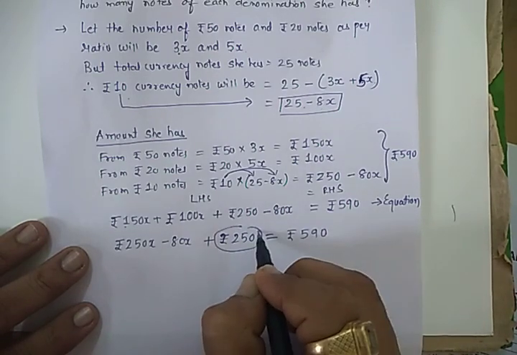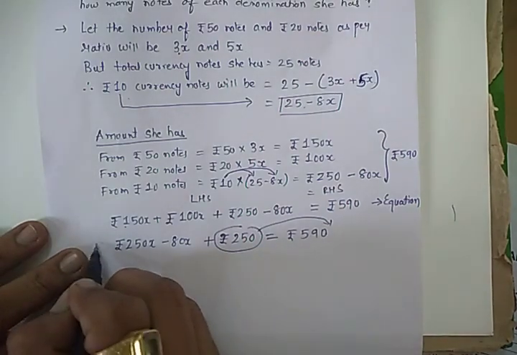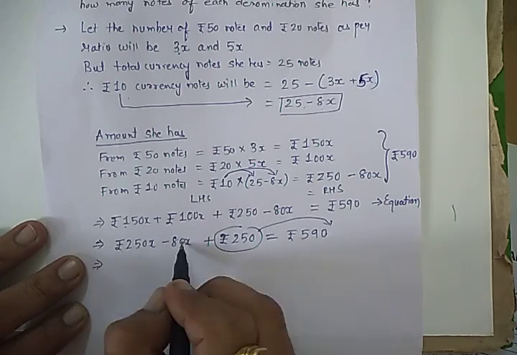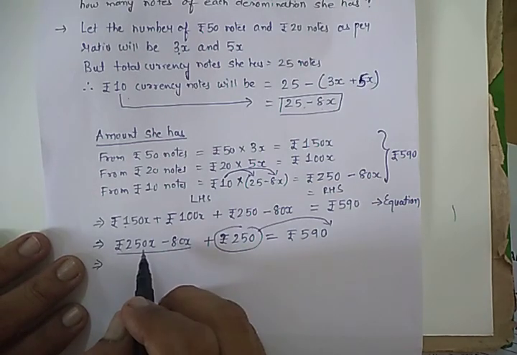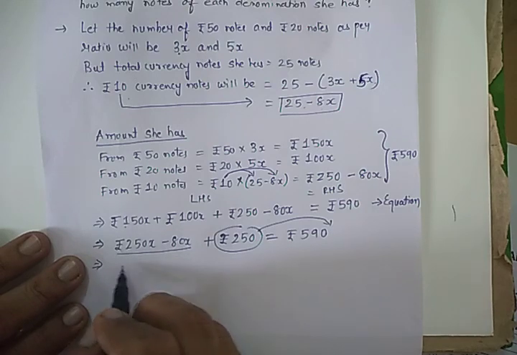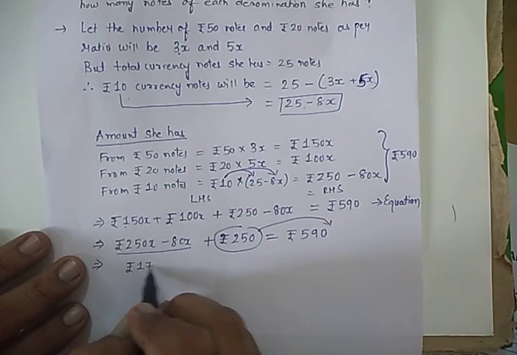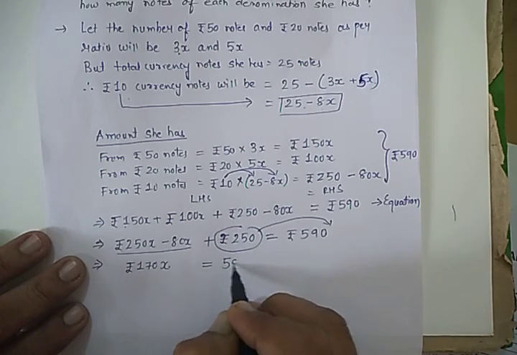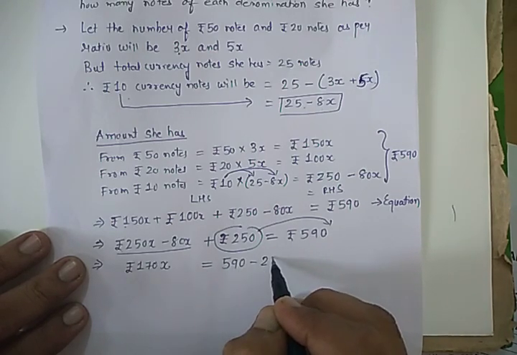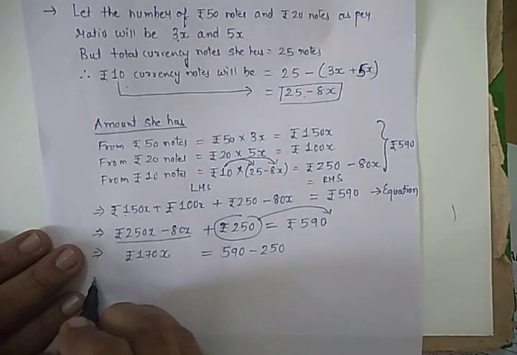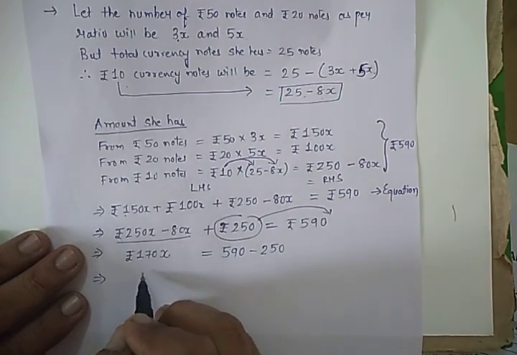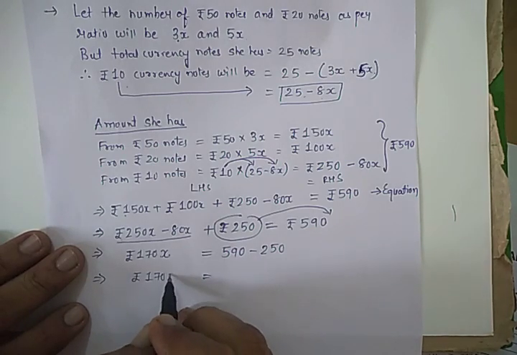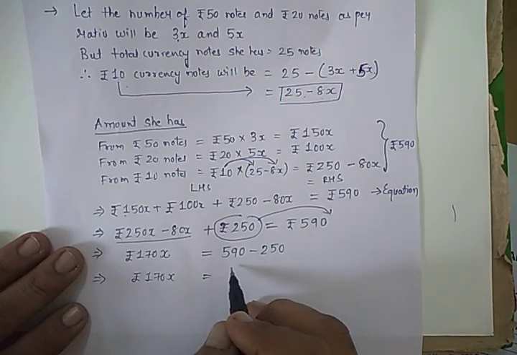This 250 is simple without x, so we can send it to the other side. So 250 minus 80, we will get rupees 170x, and on the other side 590 minus 250. So 170x is equal to how much?